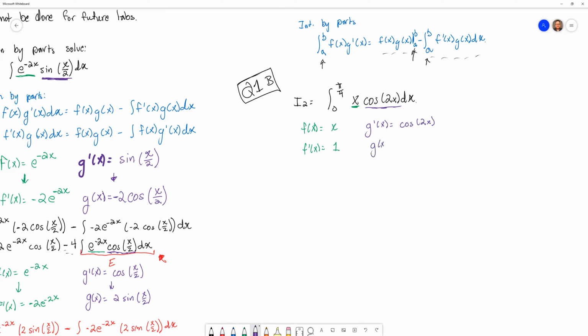G at x is equal to sine of 2x. And because we would normally, if we're doing the derivative, multiply by 2, but now we have to divide by 2. So it's sine 2x over 2. And then we are ready to go ahead and start solving. So for I2, we then say, okay, it is f at x, g at x.